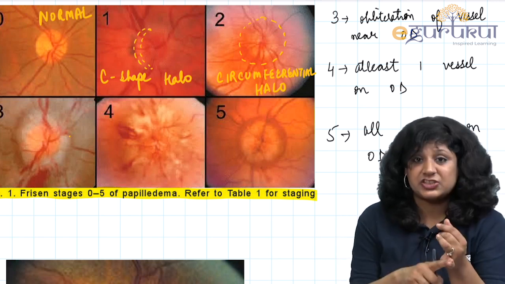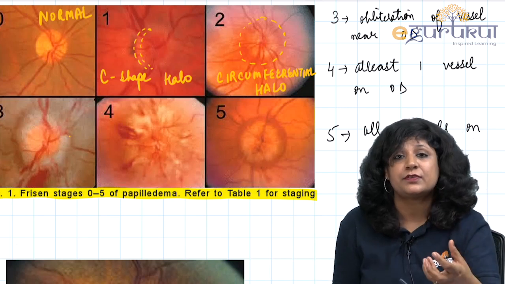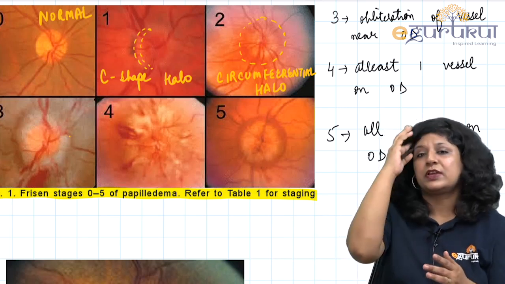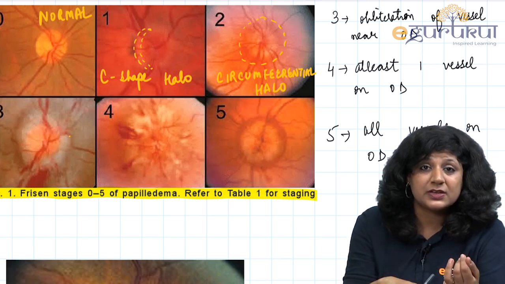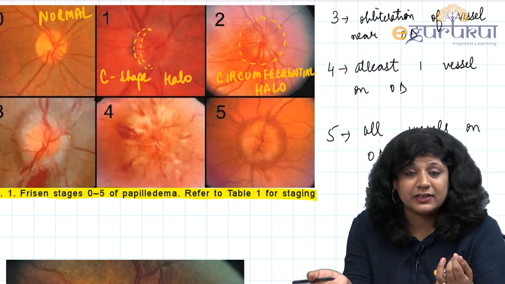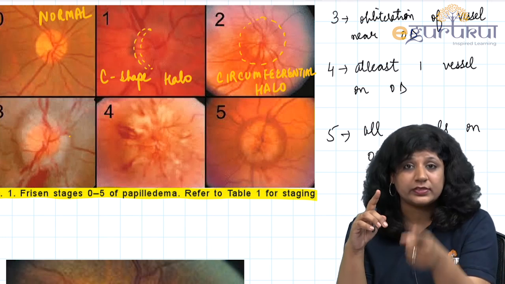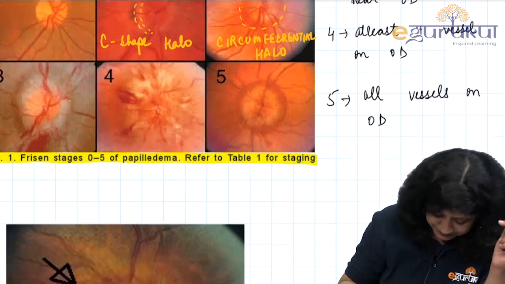So first is a C-shaped halo, then the circumferential halo, because there is obliteration of the cup, a large amount of edema is taking place, and then starts the obscuration of the blood vessels near the optic disc margin when they are leaving the optic disc, then obliteration of at least one blood vessel on the optic disc, and all the blood vessels then on the optic disc.